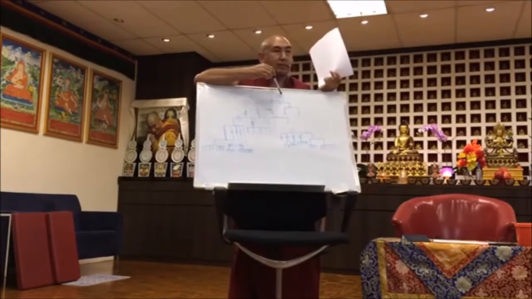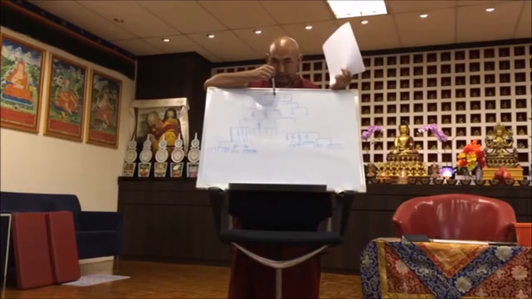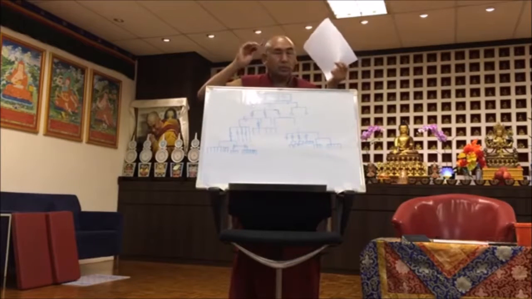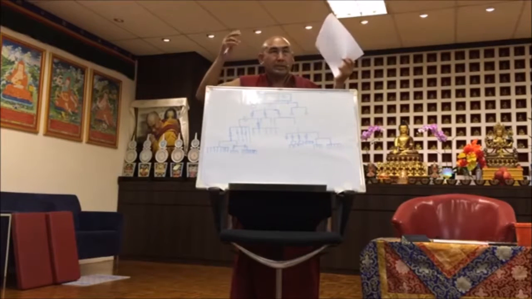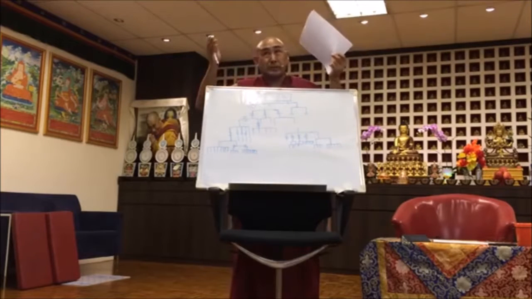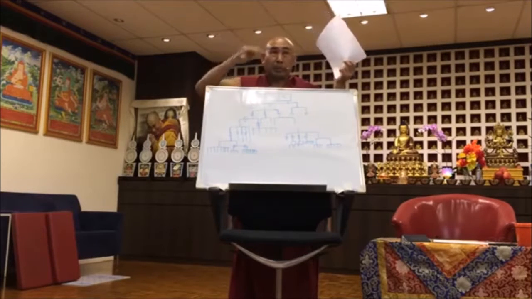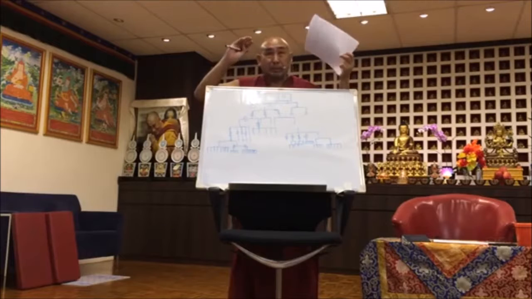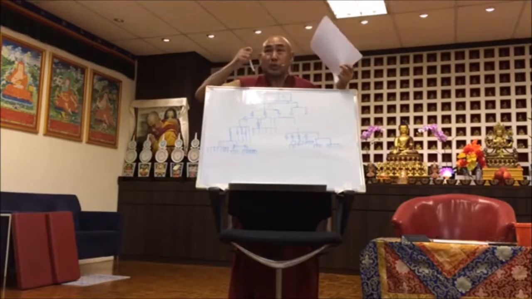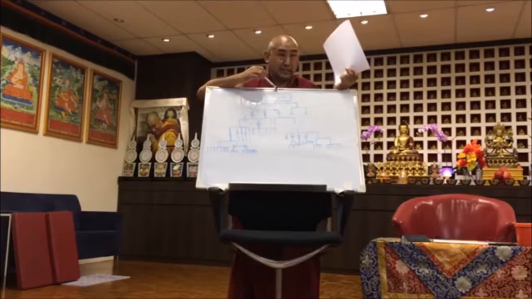One is non-existent phenomena, second is existent phenomena. Clear? Right? So you just imagine, it doesn't matter whether existent or non-existent, or permanent or impermanent, everything we must include into selflessness.